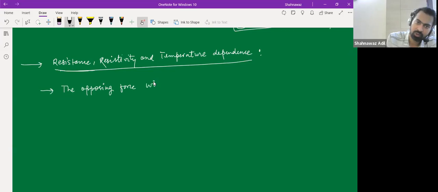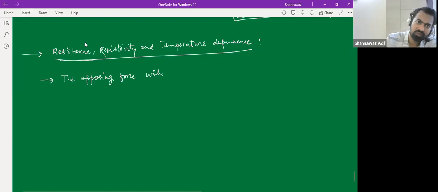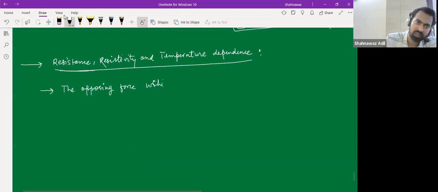This is a physical quantity which opposes the motion of the charges, right?